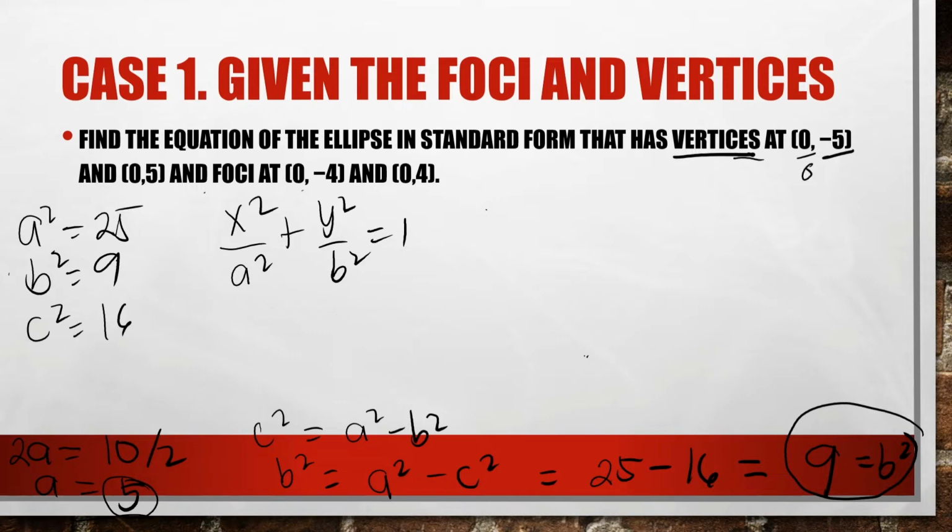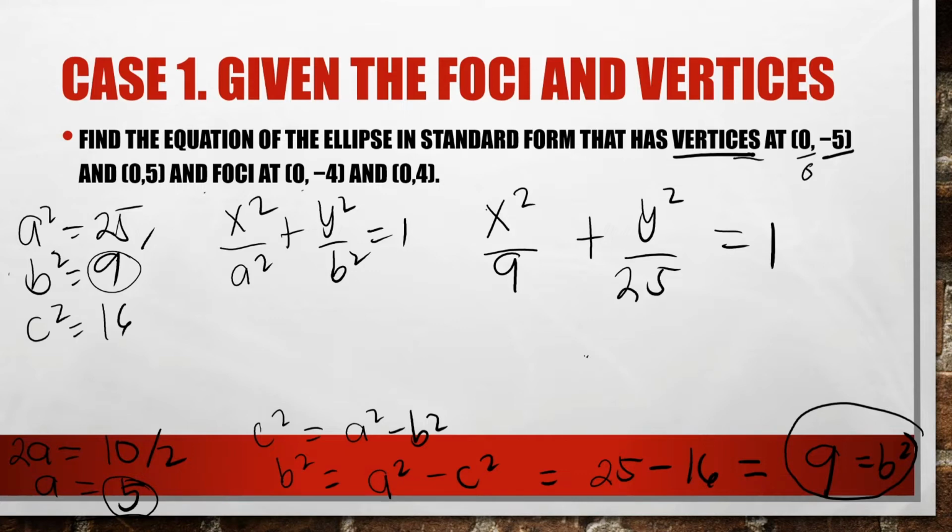So, ibig sabihin, nasa y-axis yung major axis, yung longer segment. Ibig sabihin, yung x squared, ang kapartner niya is yung b squared. So, yung b squared is itong 9, plus y squared, kapartner niya yung a squared, yung major axis, which is 25, equals 1. So, ito yung final standard equation natin.